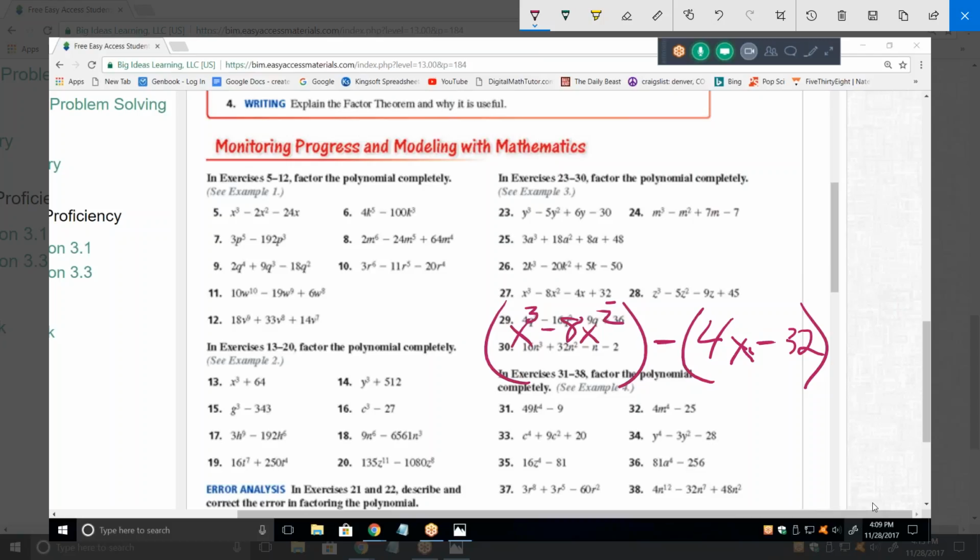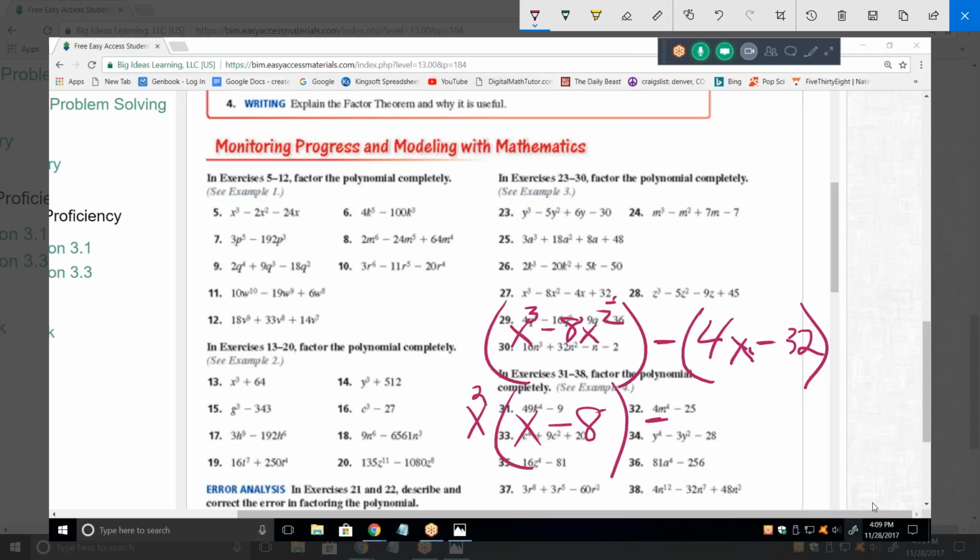What's the next step? Greatest common factor. Good. For the first set of parentheses, what is it? X squared. Give me the rest of it. So that's x minus 8.